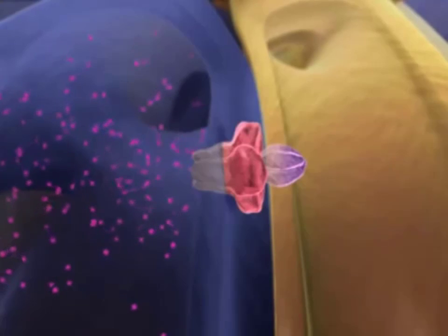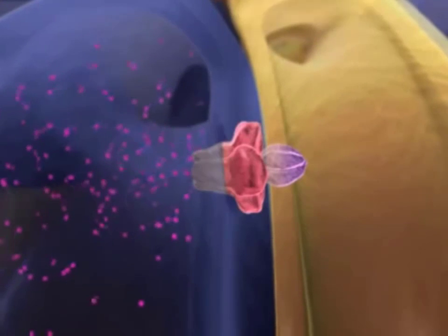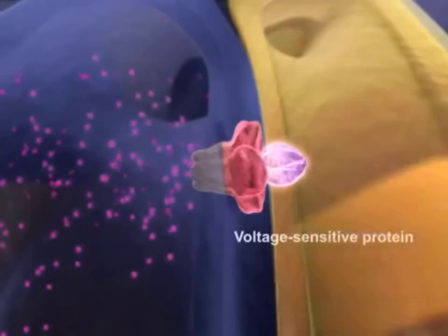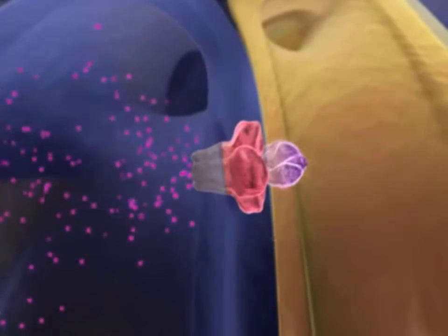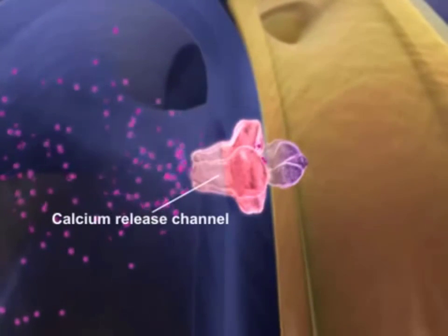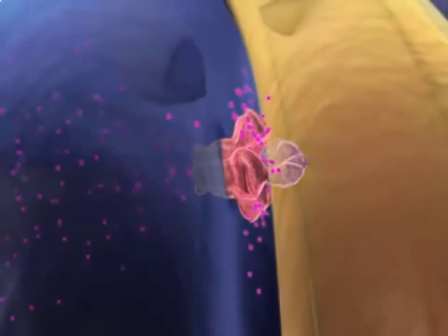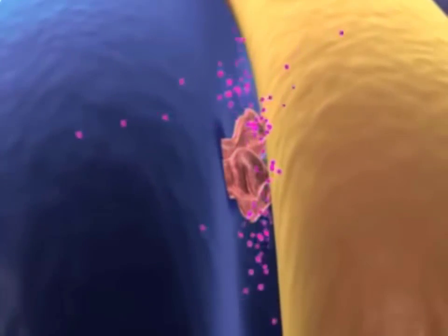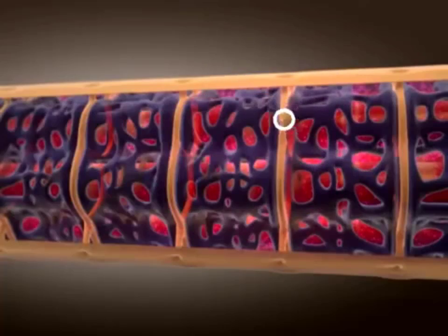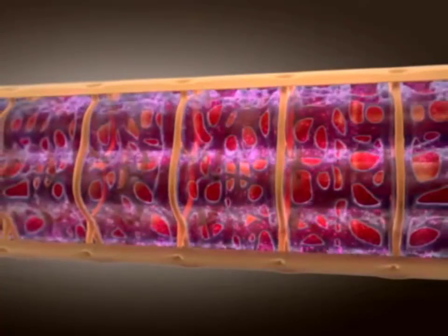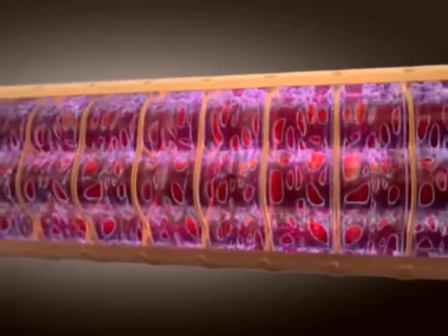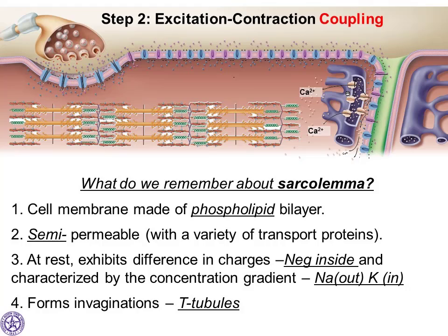As an action potential travels down the T-tubule, it causes a voltage-sensitive protein to change shape. This shape change opens a calcium release channel in the SR, allowing calcium ions to flood the sarcoplasm. This rapid influx of calcium triggers a contraction of the skeletal muscle.